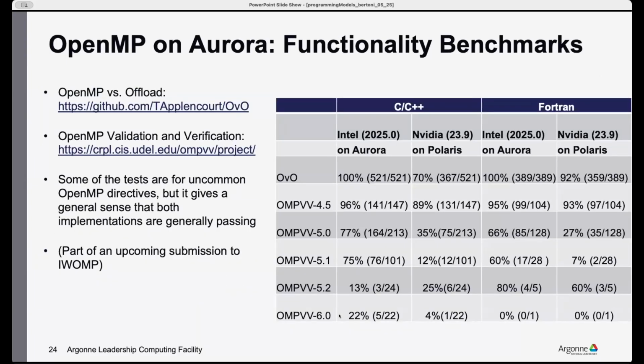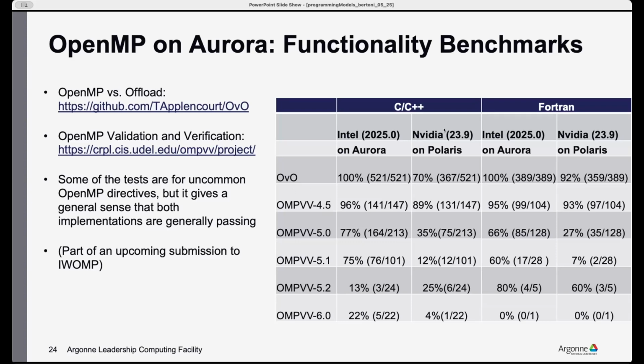And then just some good news about the state of OpenMP offload implementation. I don't want to go into too much detail, but there are a couple of OpenMP conformance benchmarks, OvO and OMPVV, which look at different pieces of the OpenMP standard and how well different implementations are implementing them. Some of the tests are for really uncommon OpenMP directives, so you would not always expect a 100% pass rate at the moment.